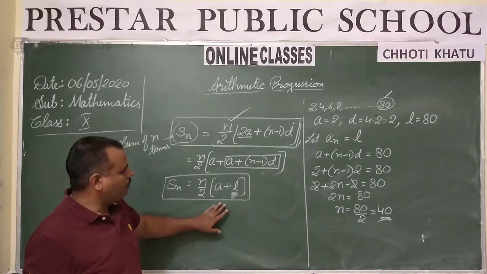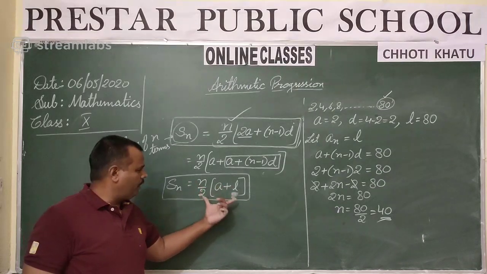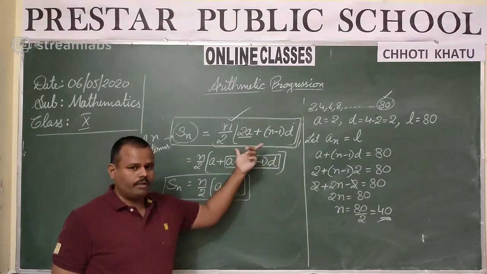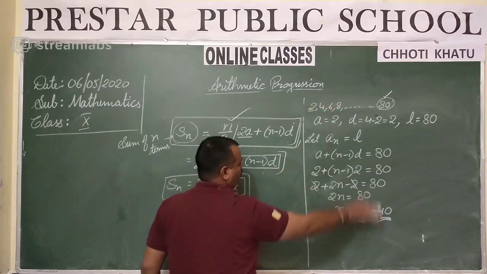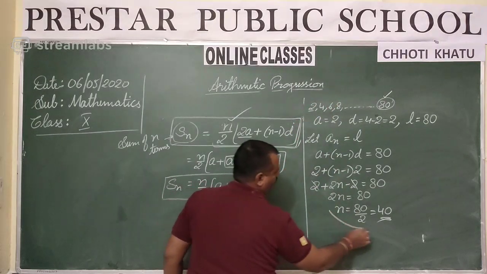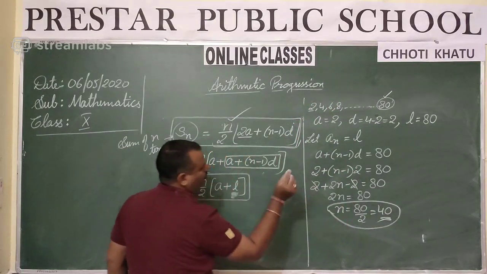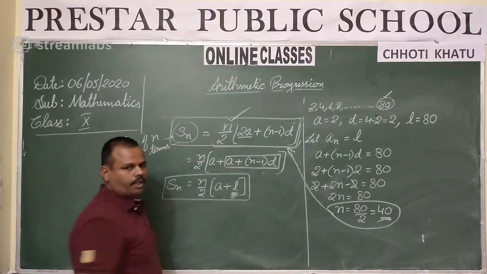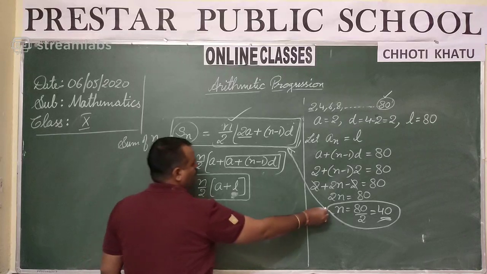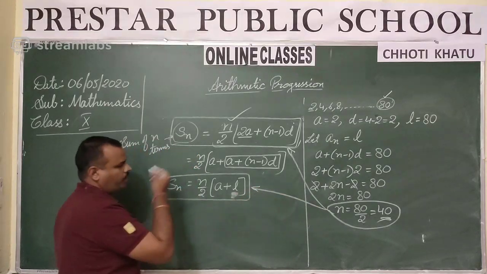As I told you, for this sum, once you calculate the number of terms, you are free. After this, you can use either one to get the sum of 40 terms.